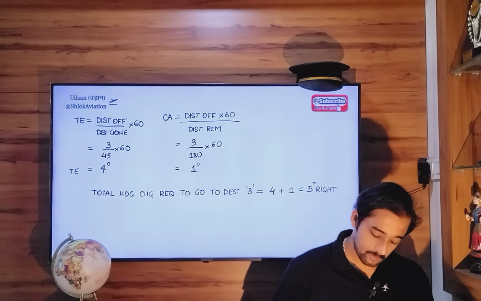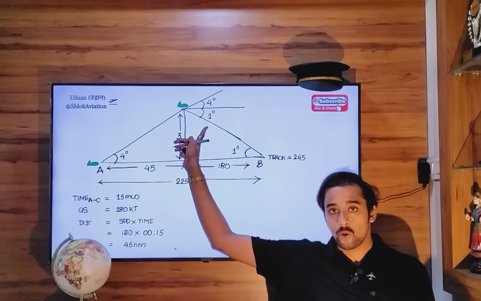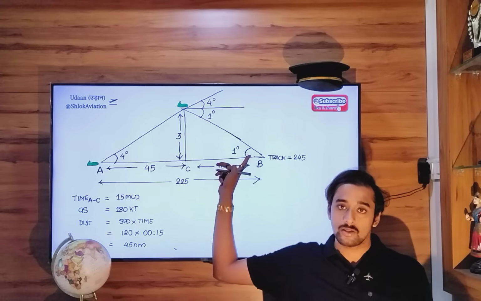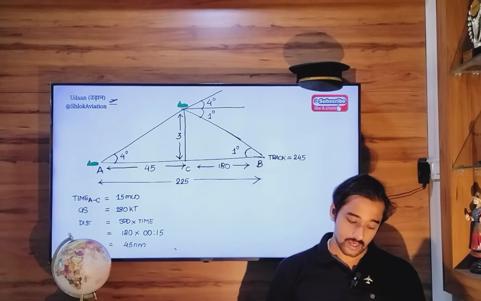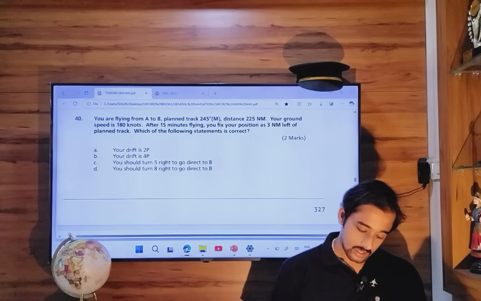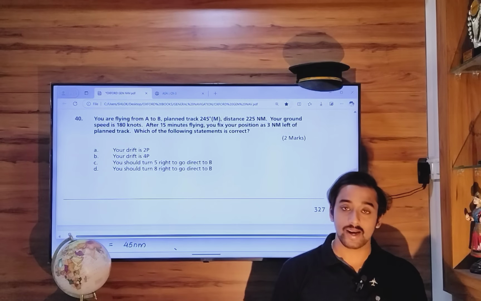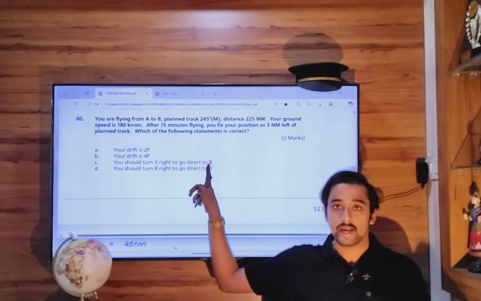So that means your plane will have to turn 5 degree right hand side or starboard side in order to directly reach destination Bravo. Okay. Next. So the correct answer is option Charlie. You should turn 5 degrees starboard or right to go directly to B.